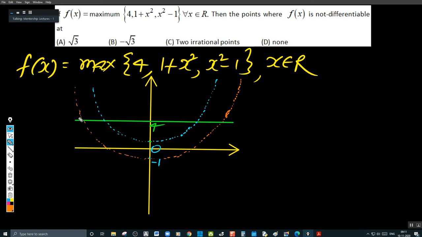See, this difference is only with respect to x, but as far as y is concerned, it is same. So you can neglect this part.